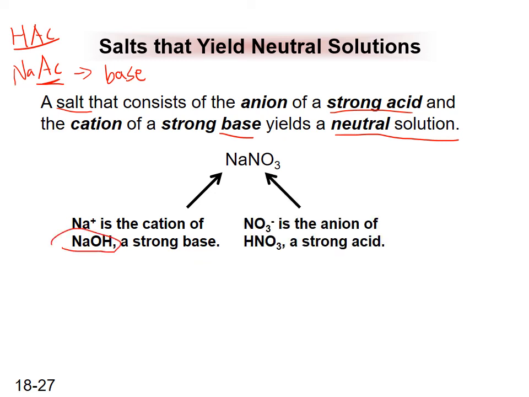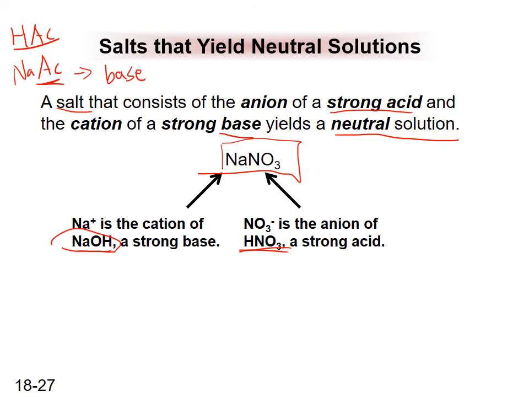The anion comes from also a very strong acid, nitric acid. Both are strong, and this kind of salt is neutral in water.